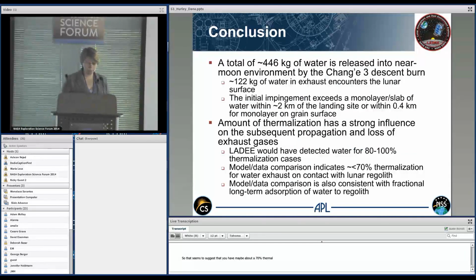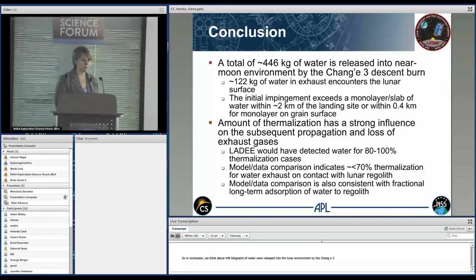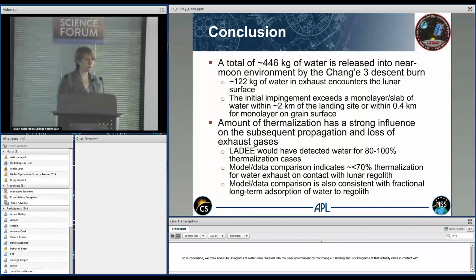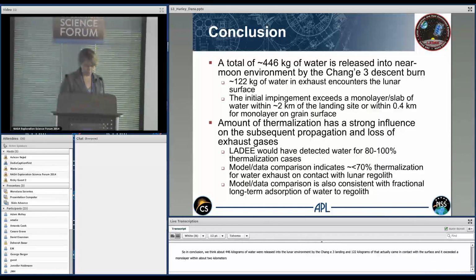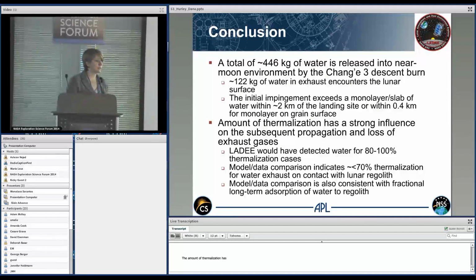So, in conclusion, we think about 446 kilograms of water were released into the lunar environment by the Chang'e-3 landing, and about 122 kilograms of that actually came in contact with the surface, and it exceeded a monolayer within about 2 kilometers of the landing site. And the amount of thermalization has a very strong influence on the subsequent propagation of the water after it comes in contact with the surface of the moon.